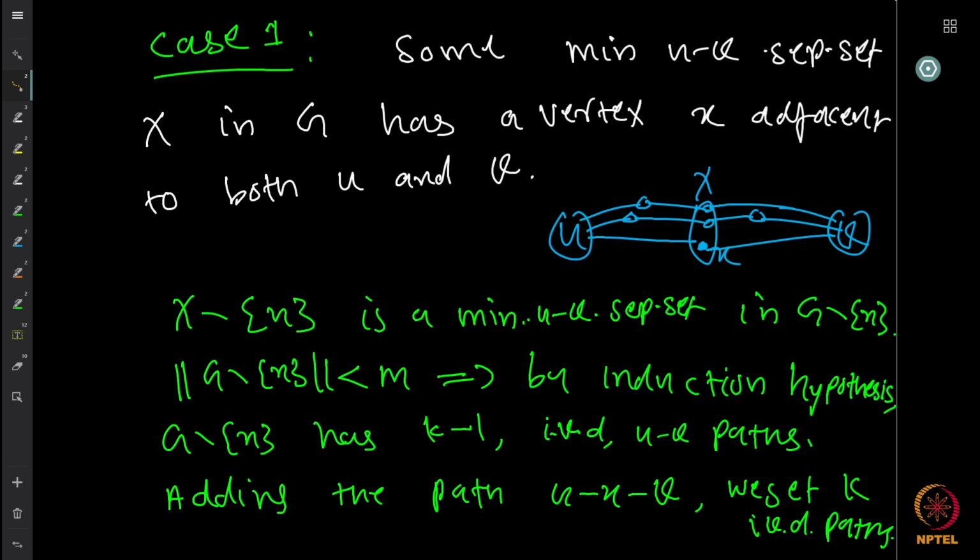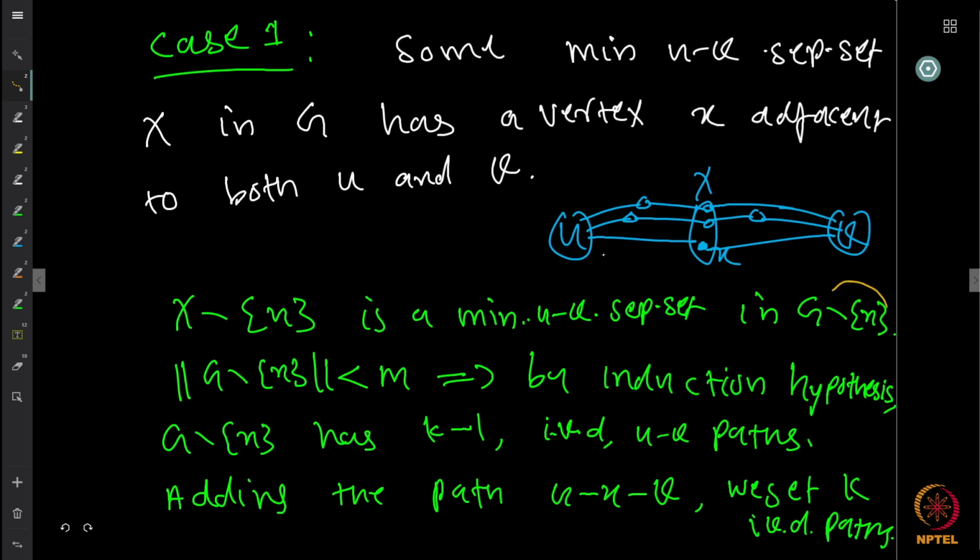So if this happens in the graph, this is the first case. Suppose there is such a minimum separating set. In that case, what we do is the following. We remove the vertex x from the graph G, and look at the graph G minus x.